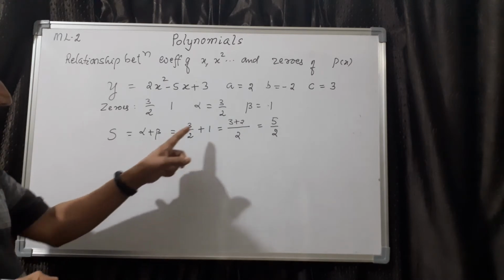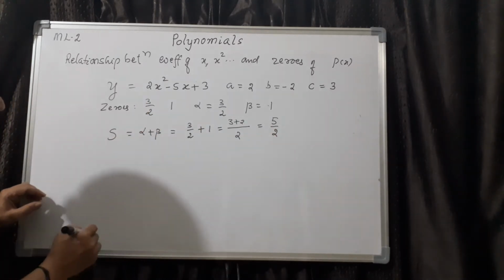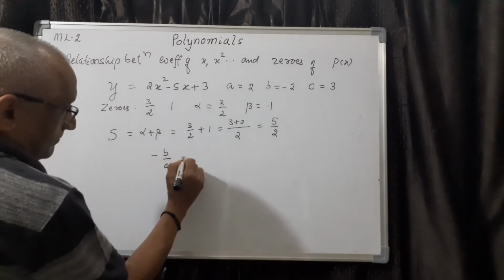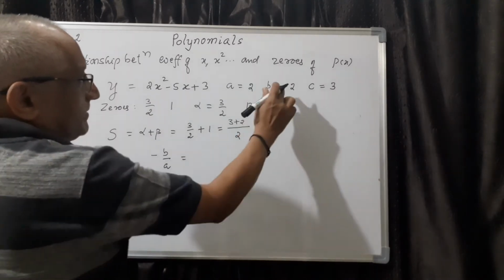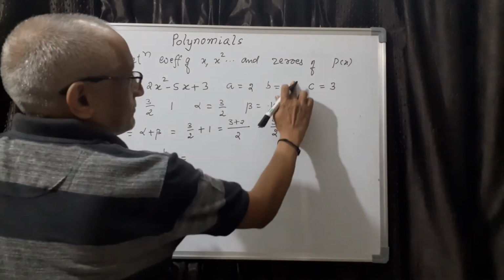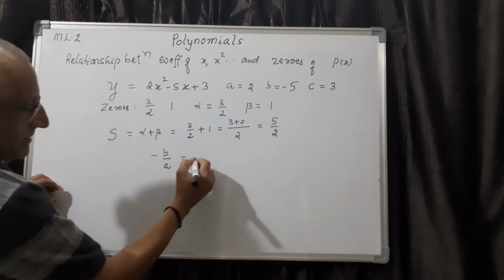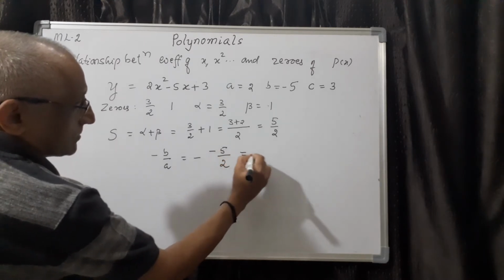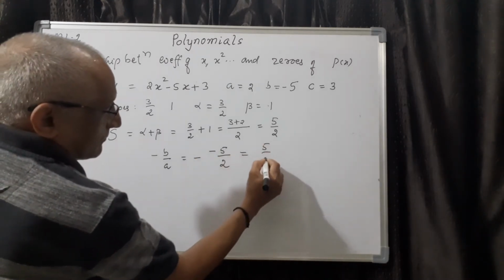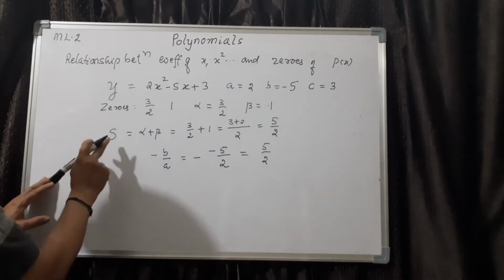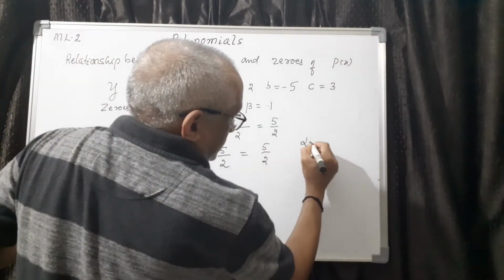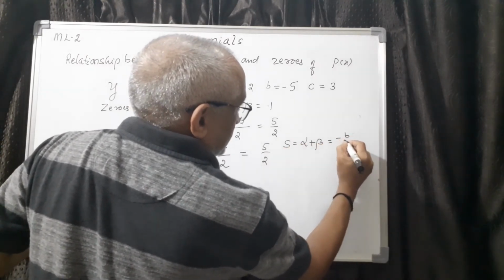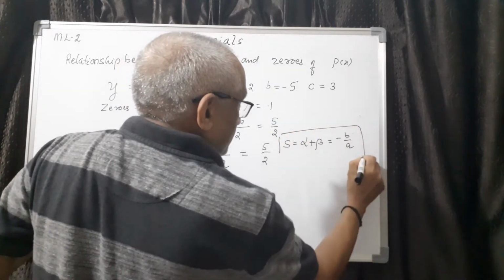Sum of the zeros is 5 by 2. Now you also see what is minus b by a. Minus b by a here is, sorry, this is minus 5. Minus b is minus 5 divided by 2. So minus of minus becomes plus 5 by 2. Therefore, the relation is, sum of the zeros, yes, this is denoted by s, will be equal to always minus b by a. This you can remember as a result.